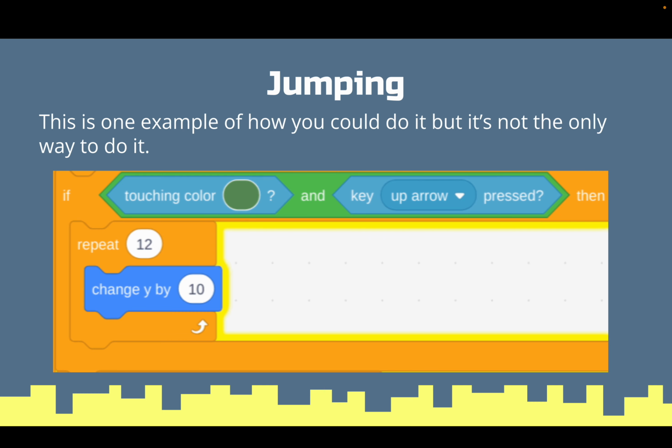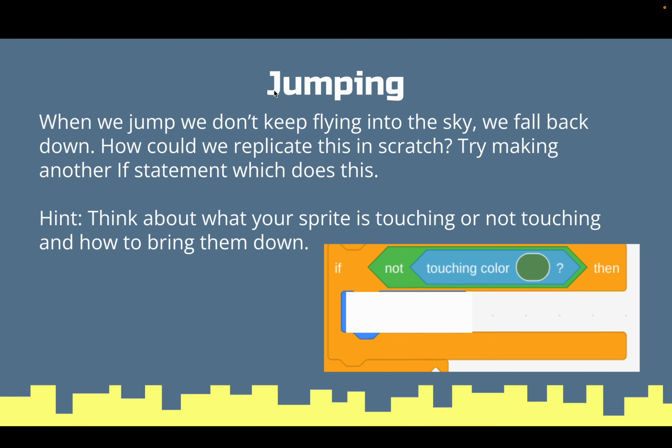If we were to only do change by 120, it'd be one action and we'd go straight up. But if we do repeat 12 times and change y by 10, we're going to do a slower jump where I can jump forwards, right? Alright, hopefully that made sense.